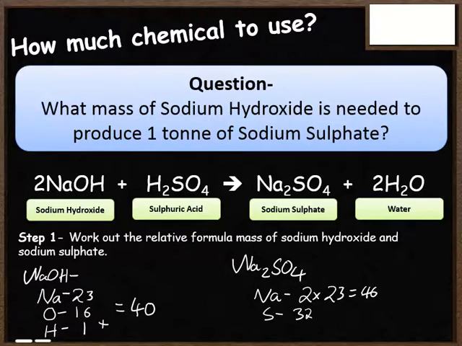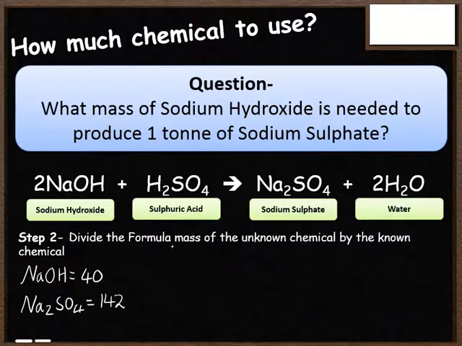Have a look, that is 32. Then going to have a look at oxygen, but this time there are 4 oxygens, so I need to do 4 times 16, and that works out at 64. There we go. Add all that up, the 46, 32 and 64, to get myself 142. That's our first step done.